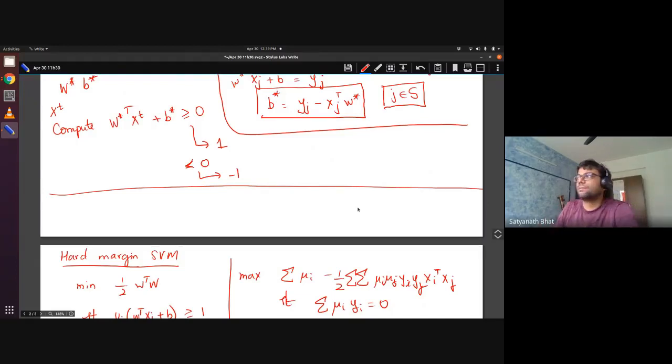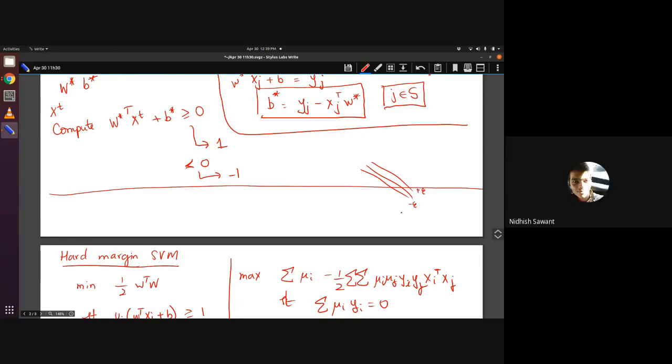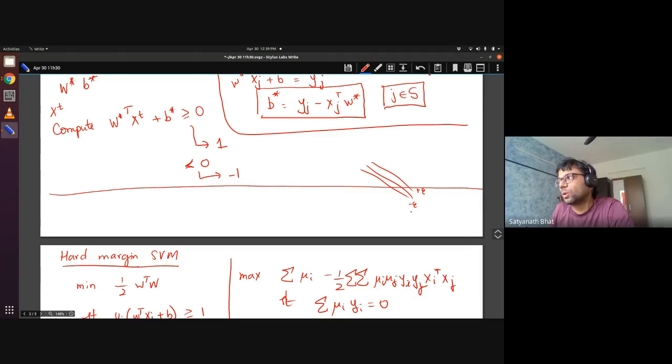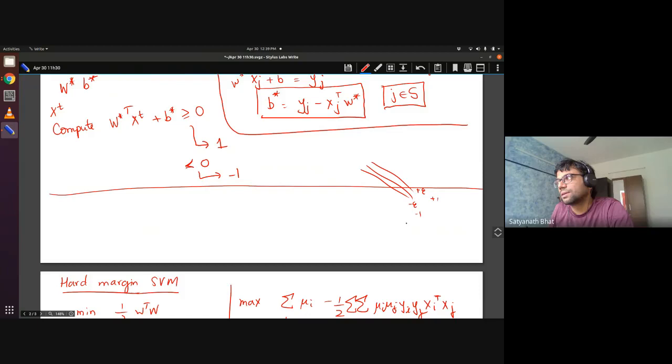Yesterday we first started with the case where this is plus epsilon and this is minus epsilon. Do you remember? Then I multiplied by 1 over epsilon and made it plus 1 and minus 1. And that W and B, I'm optimizing over the space where the lines are necessarily plus 1 and minus 1. The setup ensures that it works.